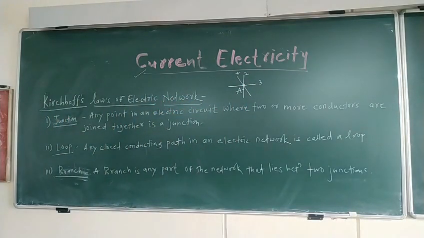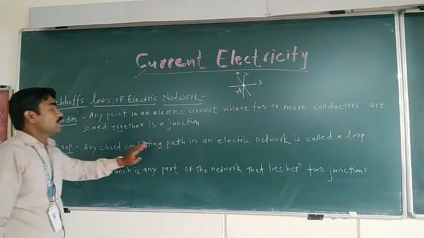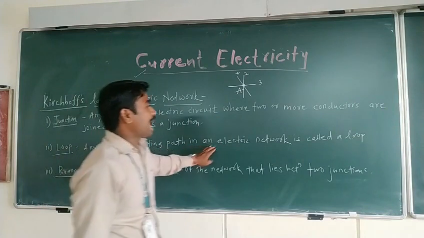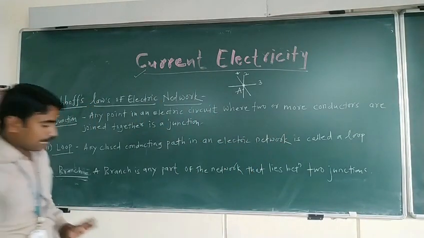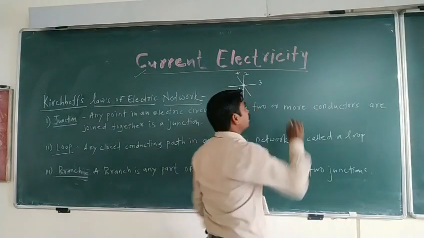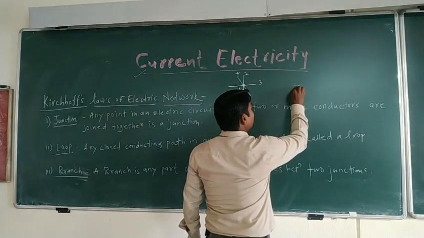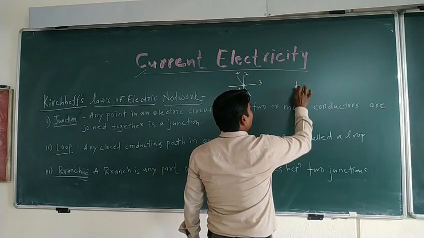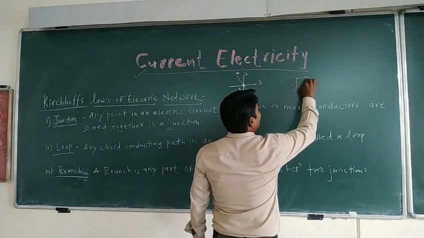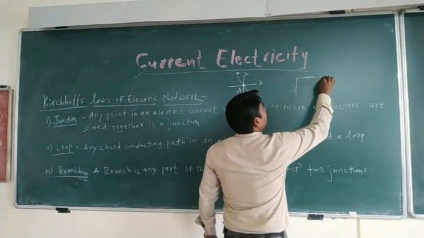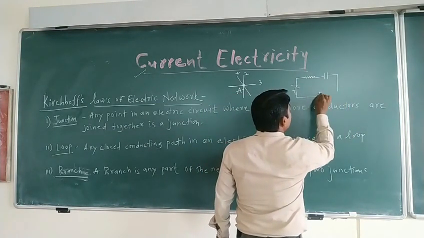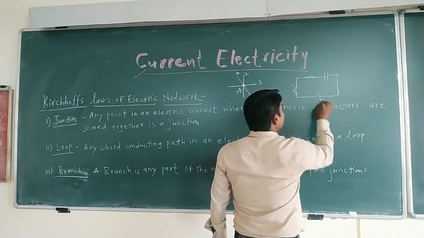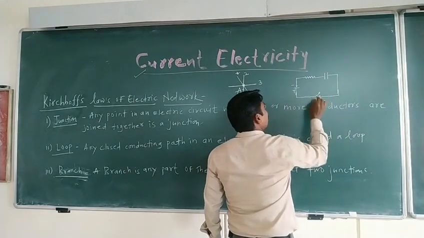Second definition, loop: any closed conducting path in an electric network is called a loop. For example, consider one loop. Here we have a battery with minus and plus, then a resistor, a capacitor, and finally a key.